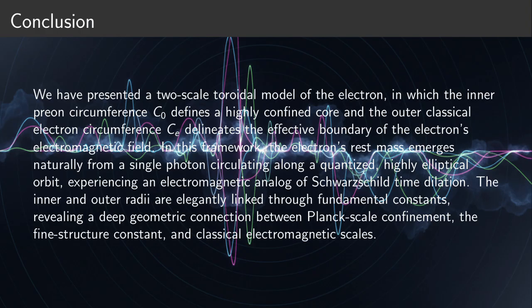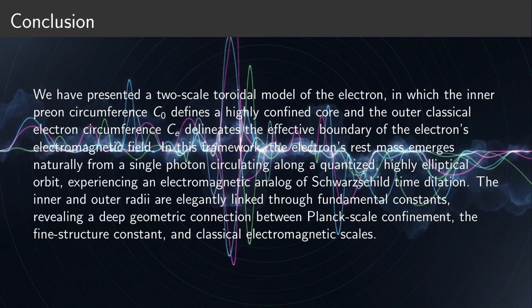Conclusion. We have presented a 2-scale toroidal model of the electron. The inner preon circumference defines a highly confined core. The outer classical circumference defines the effective electromagnetic boundary.